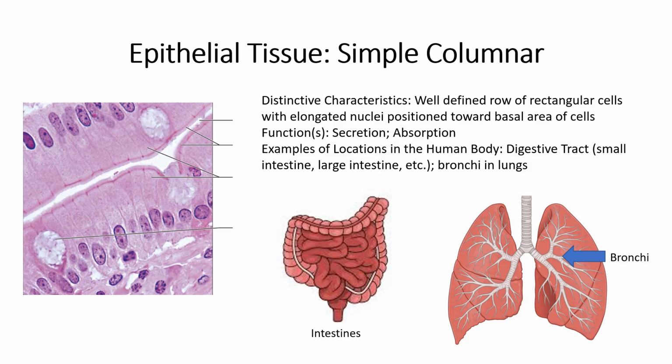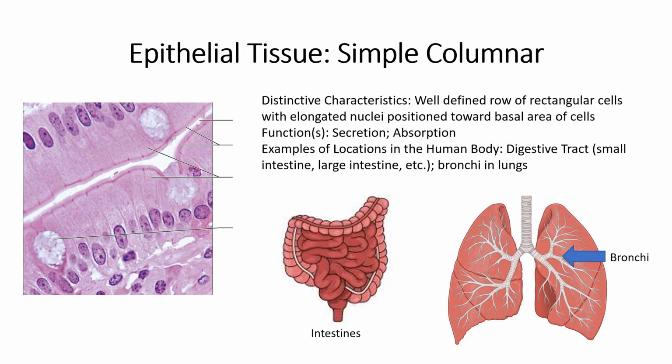What purpose, what function is it serving? Kind of in a broad general sense. And then we'll look at some examples of where you would find this type of tissue in the body, kind of in abundance.